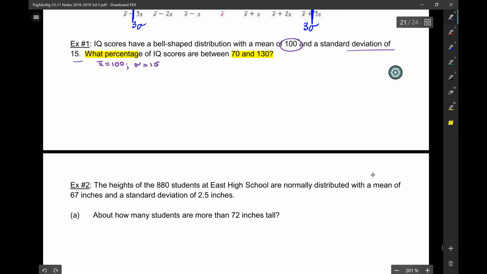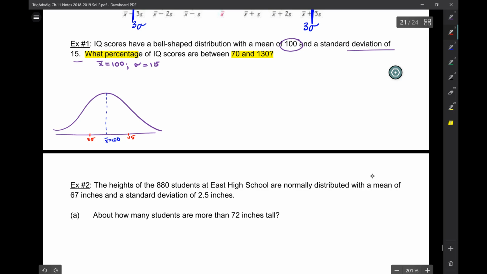99.7. Let's see. So what we're going to do is draw that bell-shaped curve here. Let's put the mean first. That's x bar equal 100. Standard deviation is how much? 15. So here, that's 85 and 115.